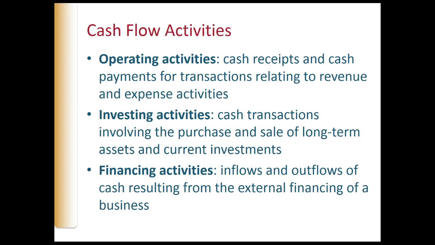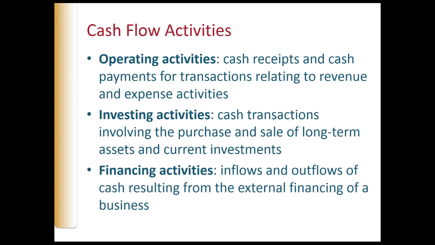Companies periodically invest cash to replace or expand productive facilities such as buildings, land, and equipment. They might also invest in other assets such as stocks or bonds of other companies, with the expectation of a return on those investments. Eventually, many of these assets are sold. The purchase and the sale of long-term assets and investments are common examples of investing activities.